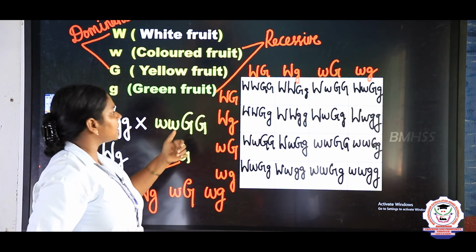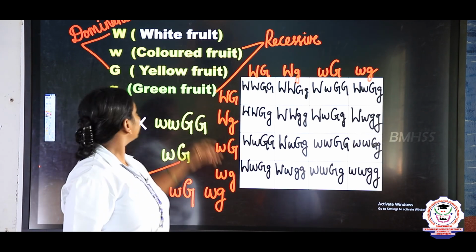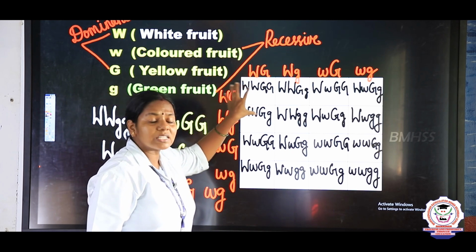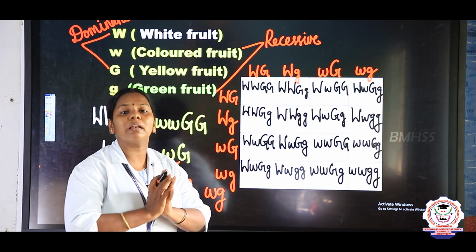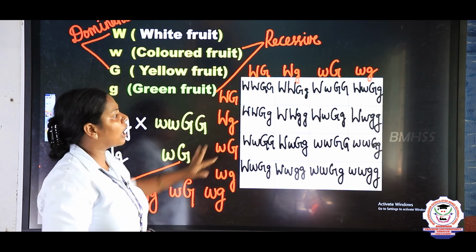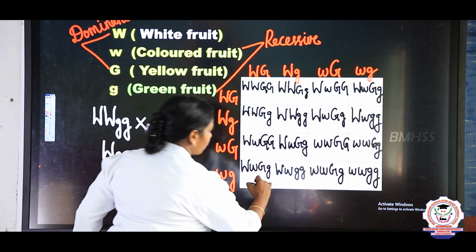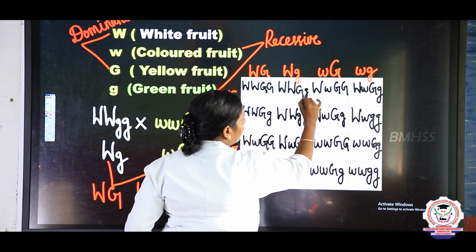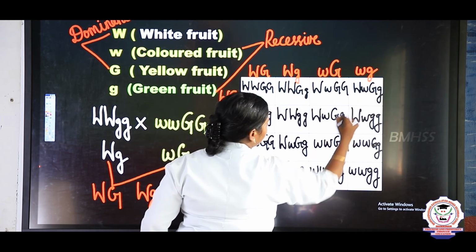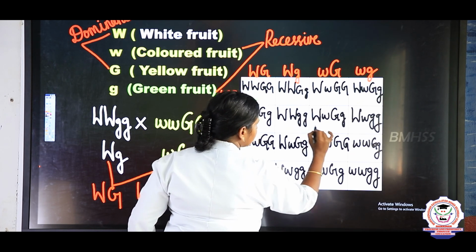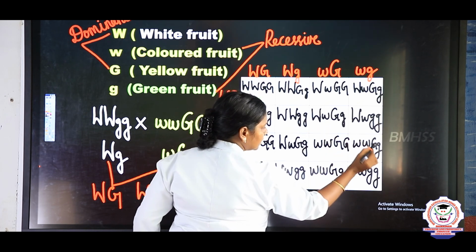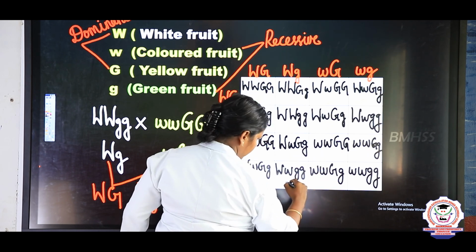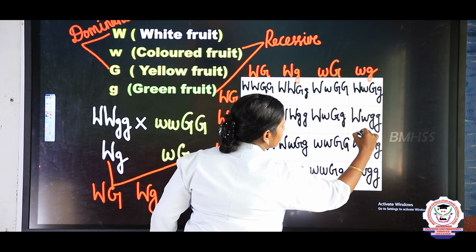Here the white is dominant. The pairs which have capital W will form the white fruit. So how many white fruits are formed? 1, 2, 3, 4, 5, 6, 7, 8, 9, 10, 11 and 12.